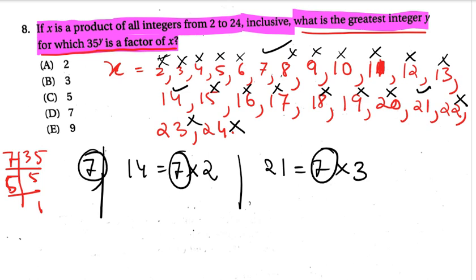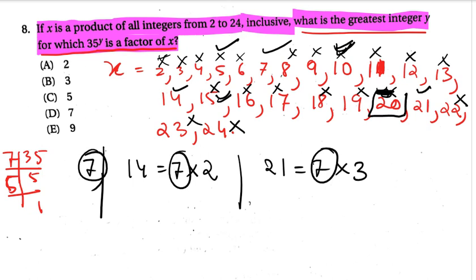Now let's check the 5s. First one is 5, then here 5 2s are 10, then here 5 3s are 15, then 5 4s are 20 here.